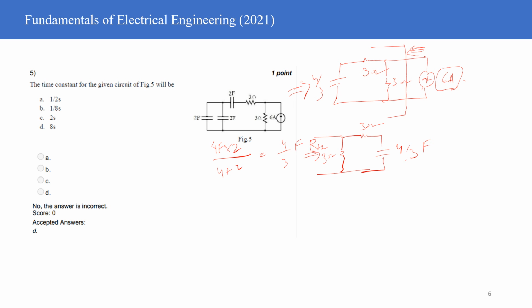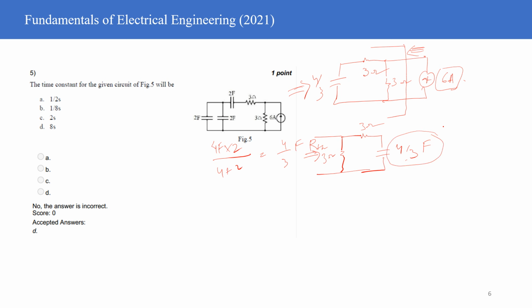So this is one possibility. So you find out the R Thevenin using this. So when you are figuring out the resistance, this capacitance will be serving as an open circuit.